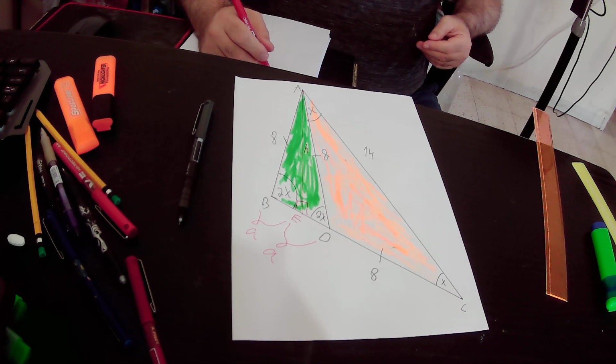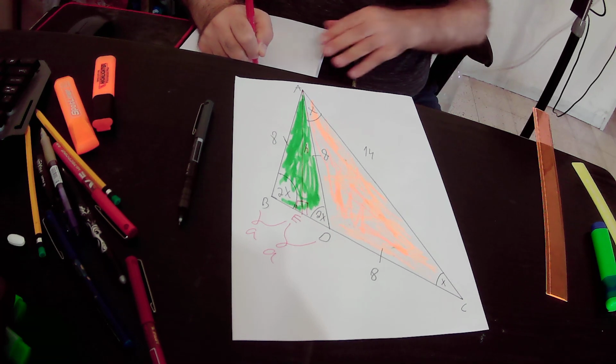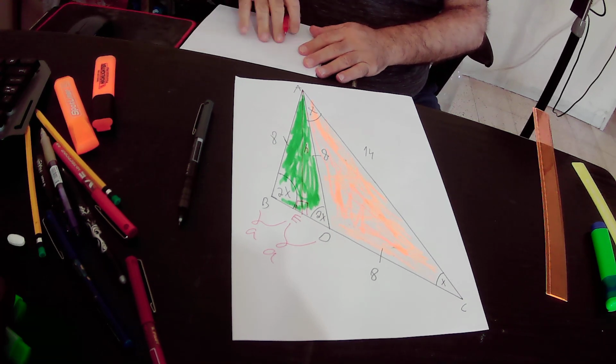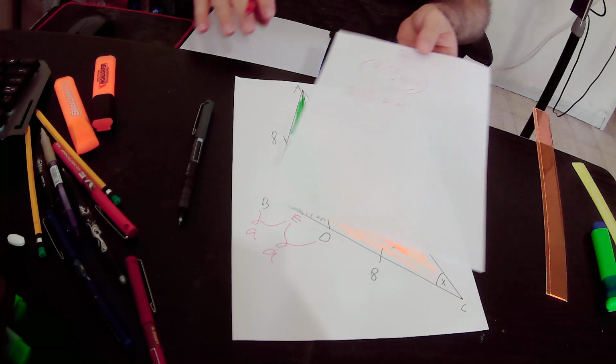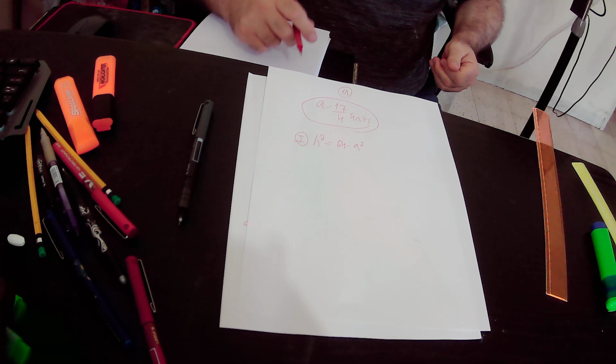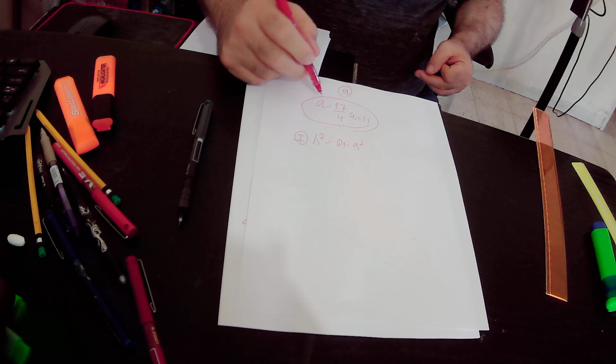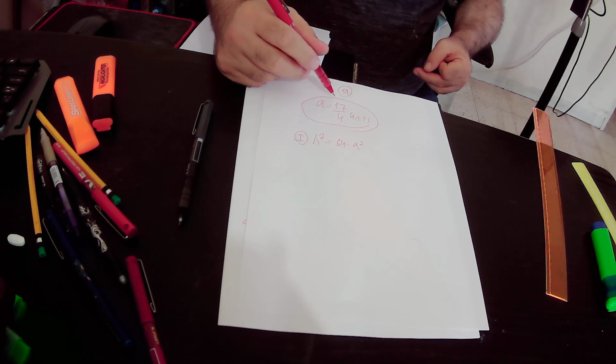But equation number 1 states that h squared equals 64 minus a squared. According to equation number 1, h squared equals 64 minus a squared. So here we will square this equality in order to get the value of a squared. a squared will be equal to 17 squared, which is 289, over 4 squared, which is 16.